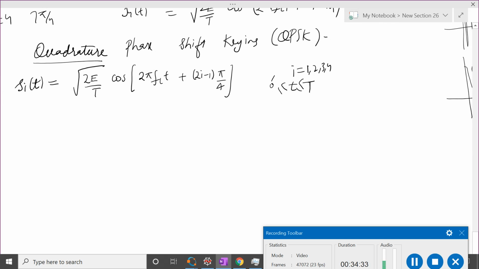Now coming back to this, I will use cos of a plus b, which is cos a cos b minus sin a sin b.